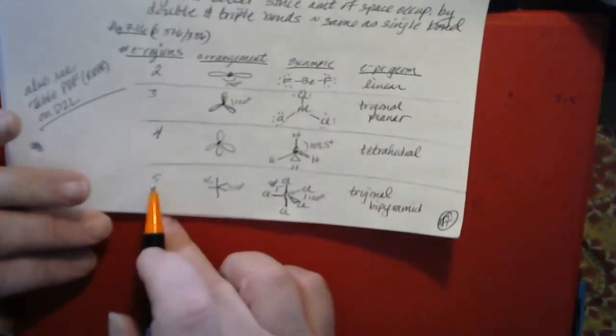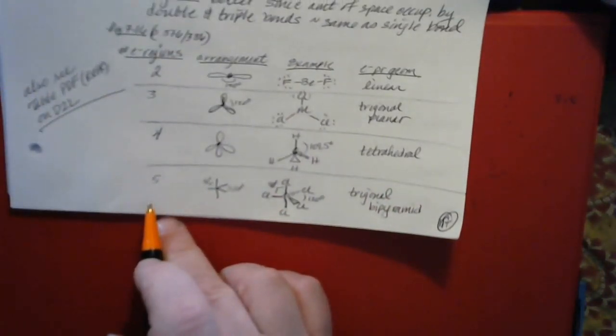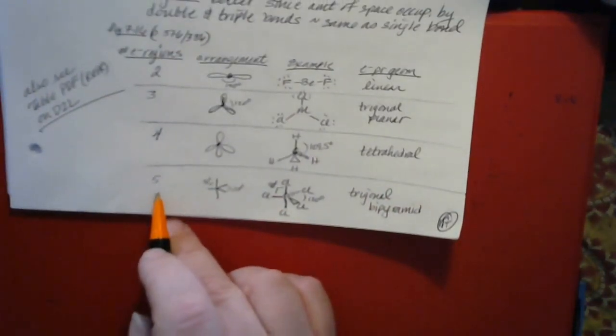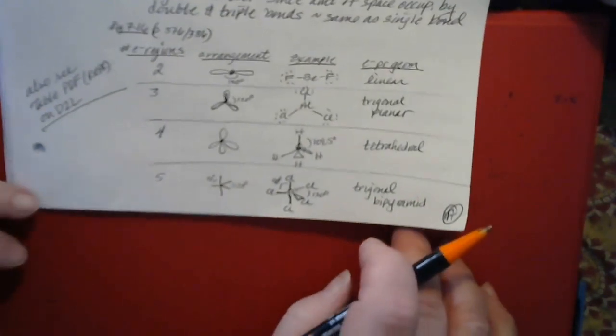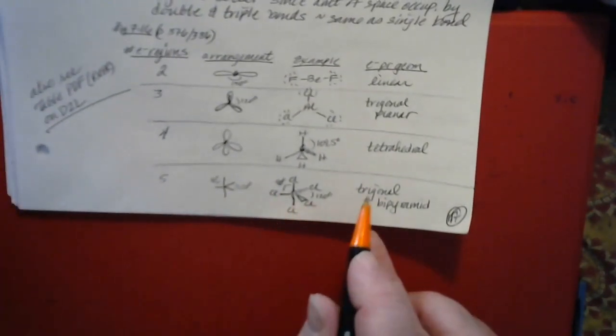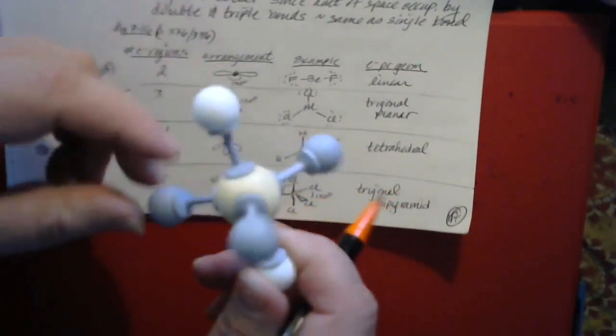Now, when you get 5 regions of electrons around the central atom, things get even a little more complicated because it's 3-dimensional and not all of the positions around the central atom are equivalent to each other. This structure is known as a trigonal bipyramid, and it looks something like this.